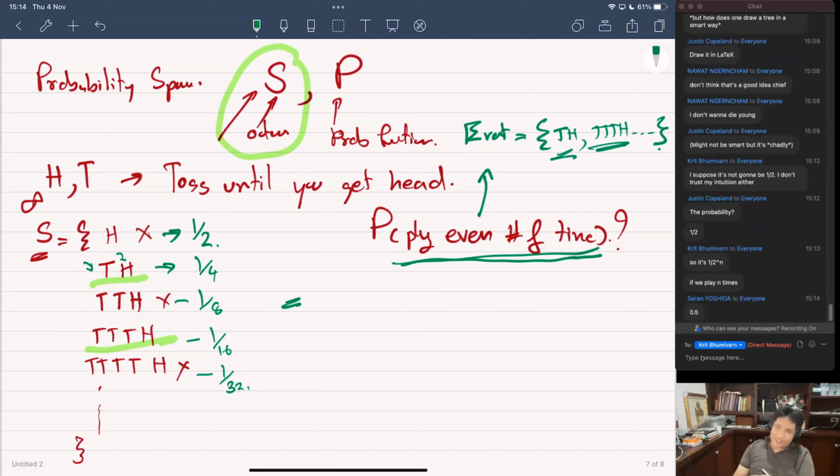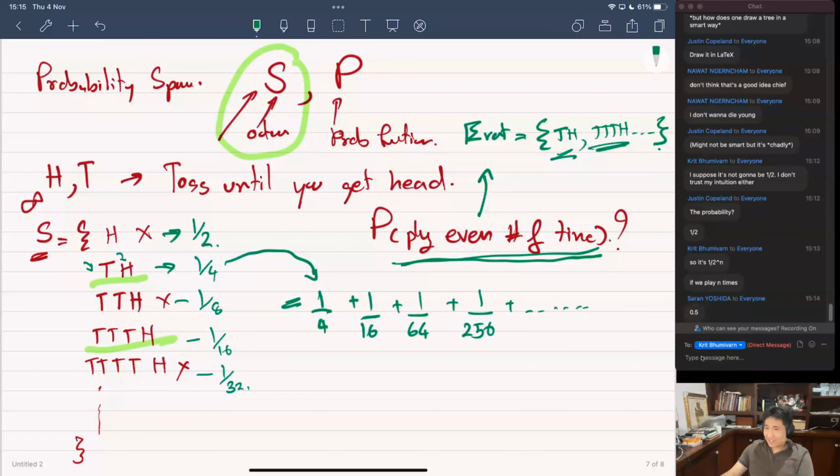I can tell you it's no. It is going to be equal to the probability associated with this one, 1/4 plus 1/16 plus 1/64 plus 1 over 256 plus so on. Can you tell me what this adds up to?